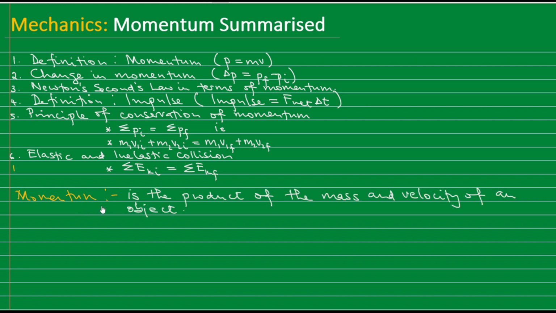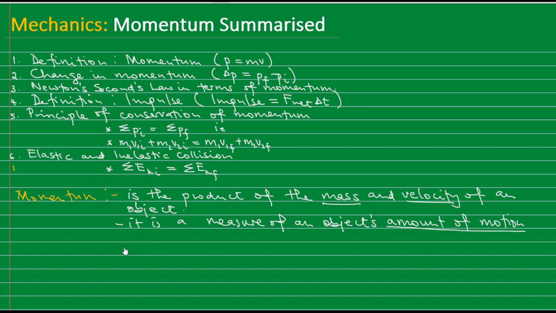Momentum is described as the product of the mass and velocity of a moving object. So basically, momentum is a measure of any object's amount of motion. According to the Newtonian mechanics, momentum is used to measure how easy or difficult it is to stop a moving object.